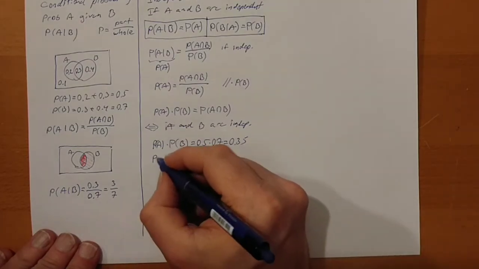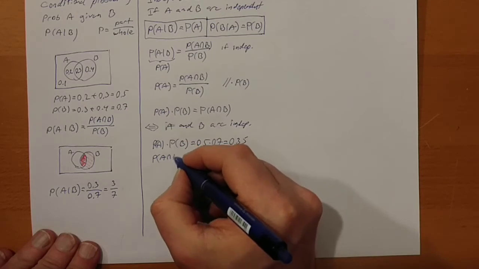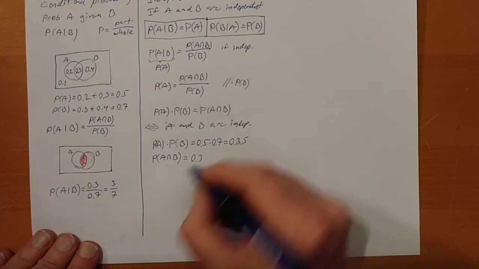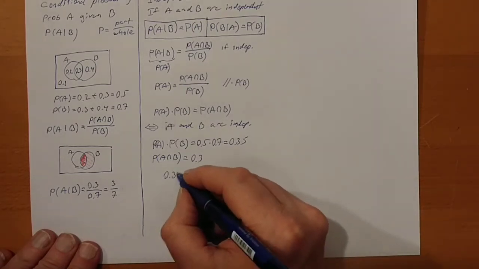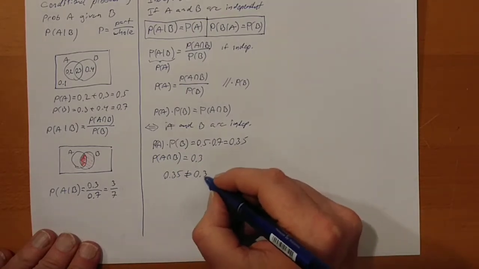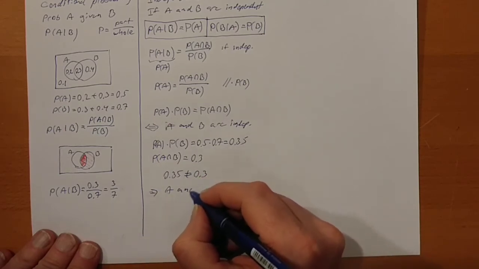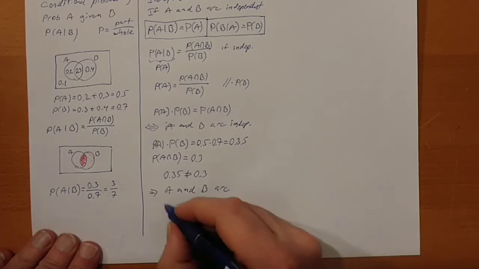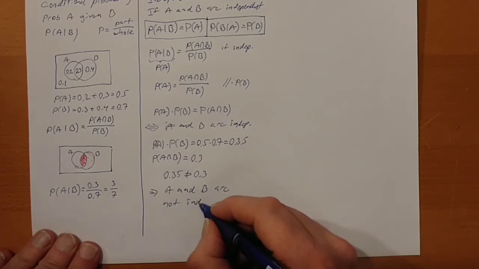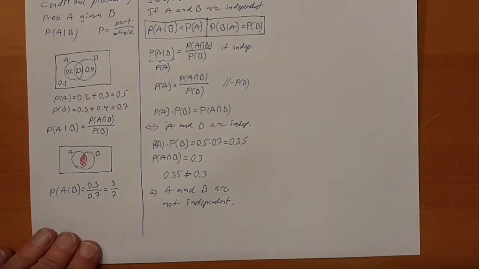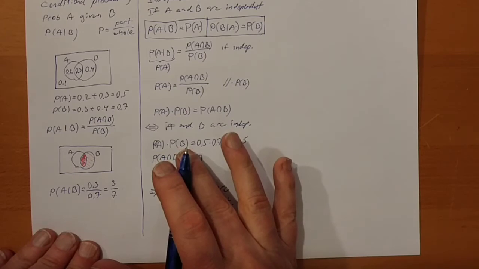We also know that the probability for A to happen and B to happen, the intersection, equals 0.3, and 0.35 is not equal to 0.3, so A and B are not independent. The two events are dependent. That is a way to use that.